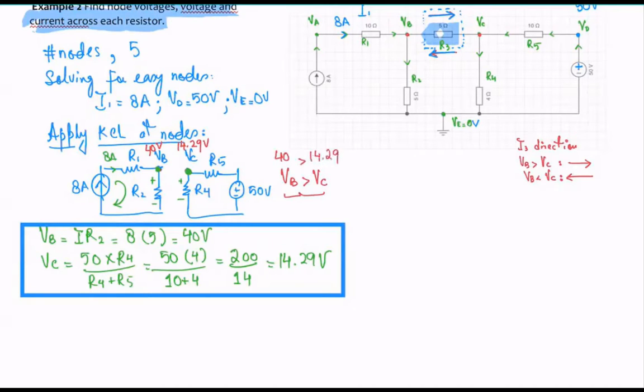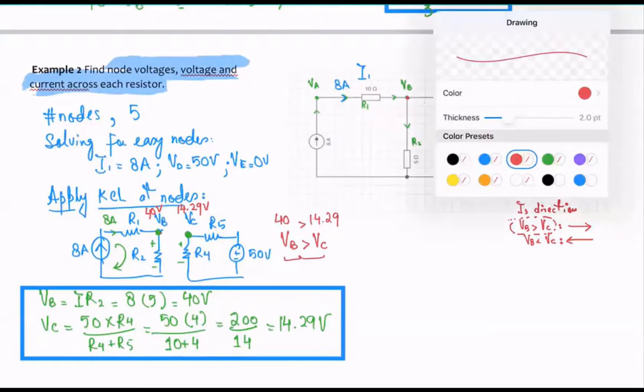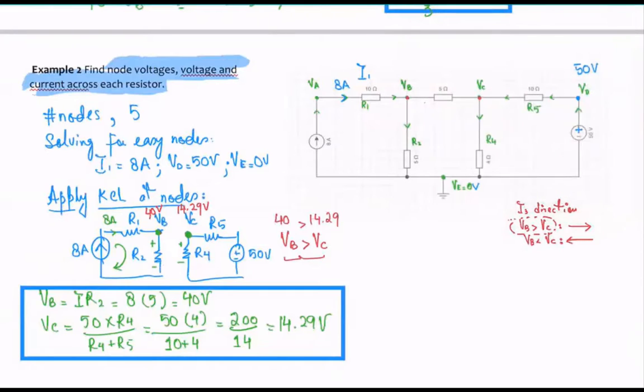We had initially determined that in this case the direction of the current is going to be from left to right, like this, because this is the high potential.